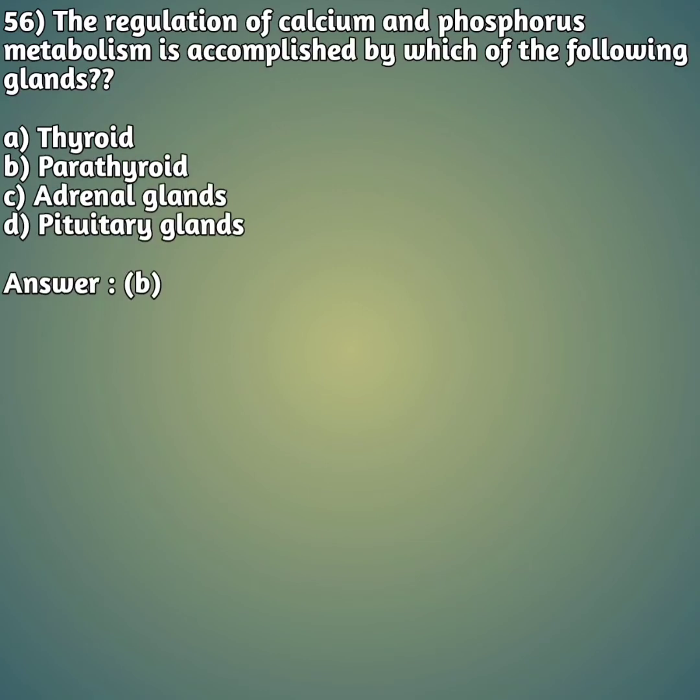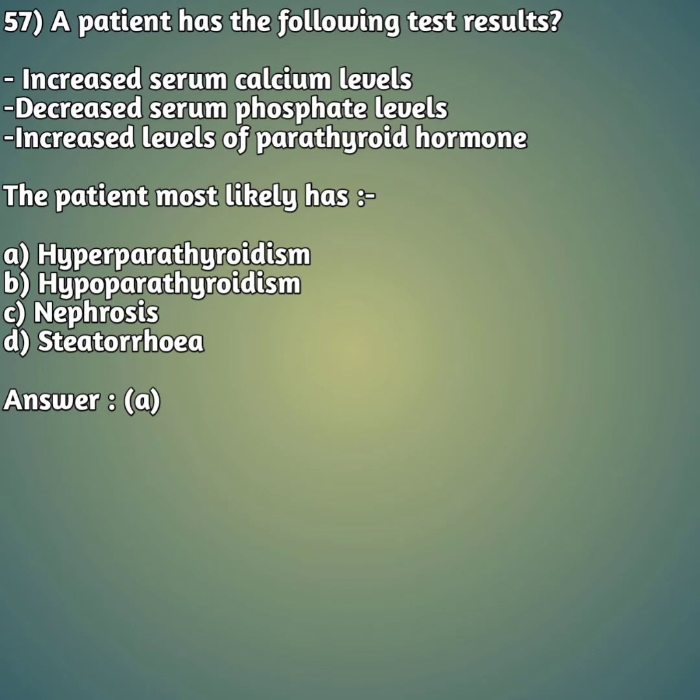56th question. The regulation of calcium and phosphorus metabolism is accomplished by which of the following glands? Option A, thyroid, option B, parathyroid, option C, adrenal glands, and option D, pituitary glands. So the right answer is answer B, parathyroid gland. Moving on to the 57th question. This is also a kind of case history question. A patient has the following results: increased serum calcium levels, decreased serum phosphate levels, and increased levels of parathyroid hormone.